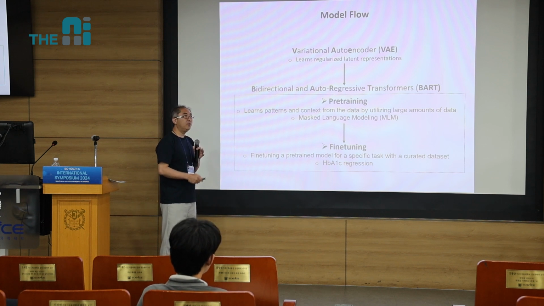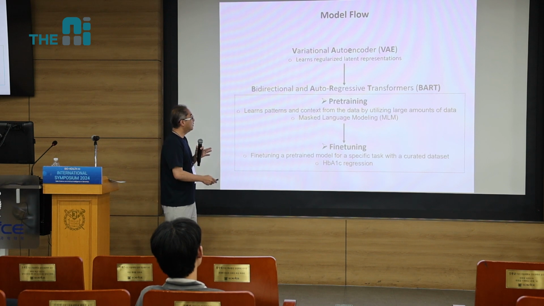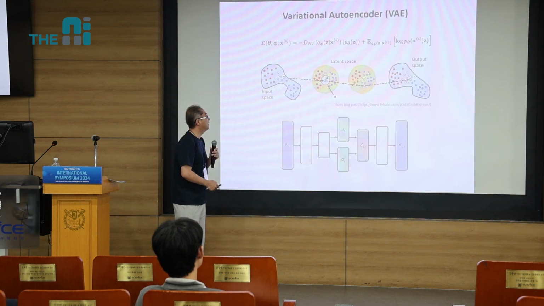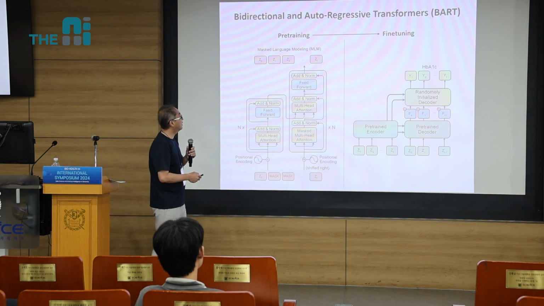During this fine-tuning, we only use the patients who had the HbA1c measurement at the time. So here, we don't care whether the patient had the HbA1c measurement or not. But here, we're only using the patients who had the measurement for HbA1c. This is a schematic, and you guys will know better than I do, right?